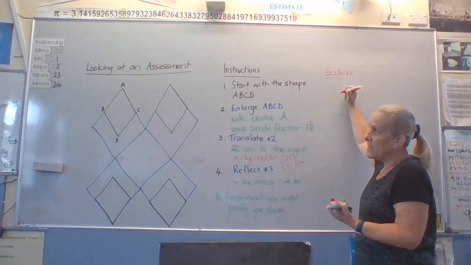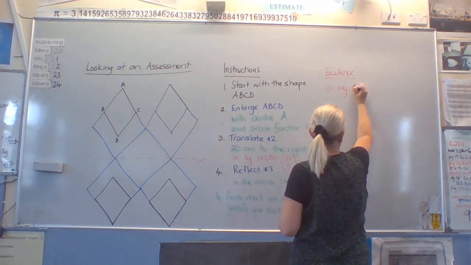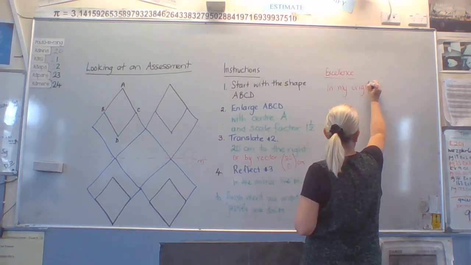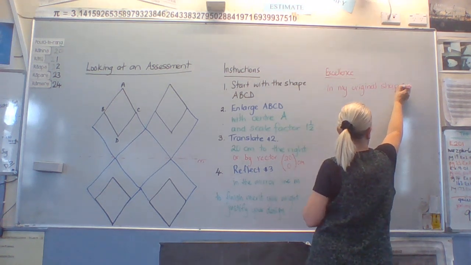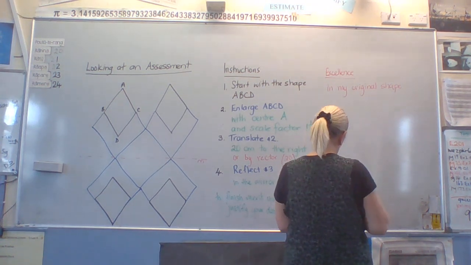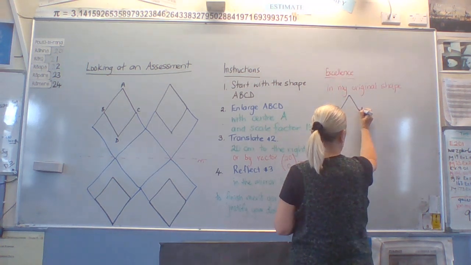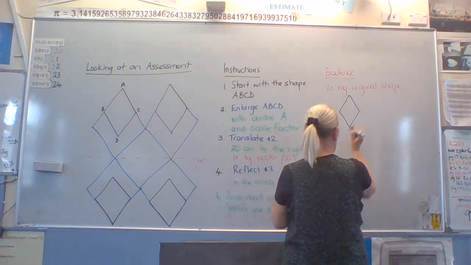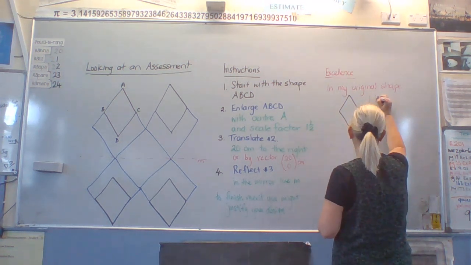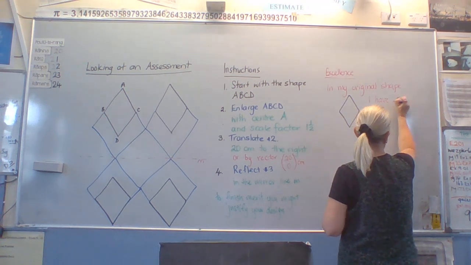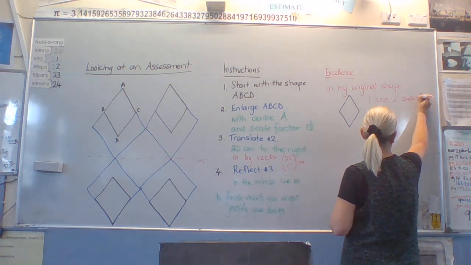So we're going to say, in my original shape, not going to call it something that I might call it wrong, I'm just going to call it a shape, and just draw a picture of it again. I've got 2 axes, using the right language, of symmetry.